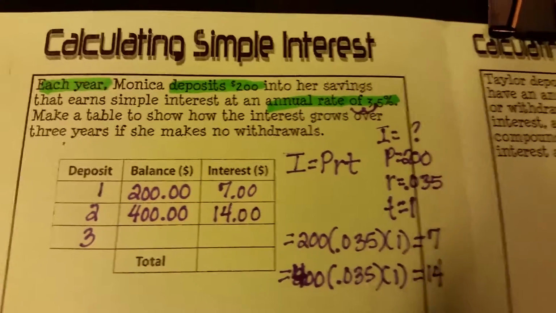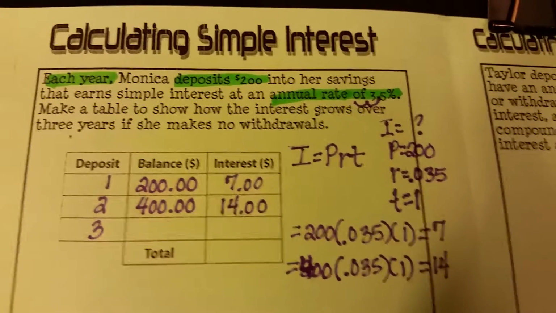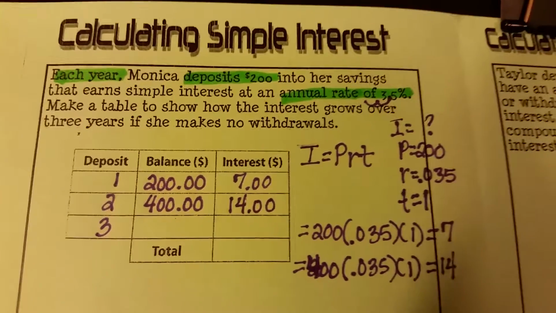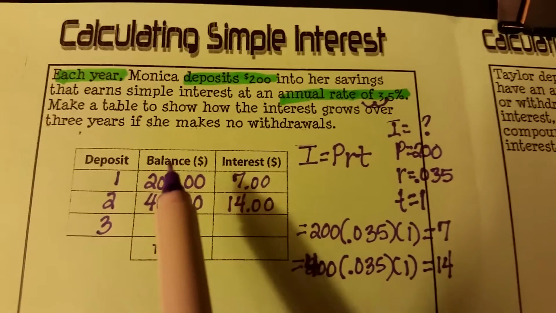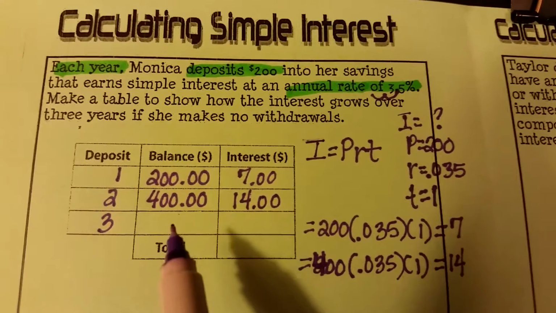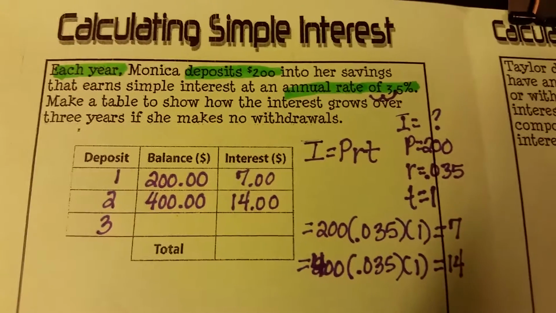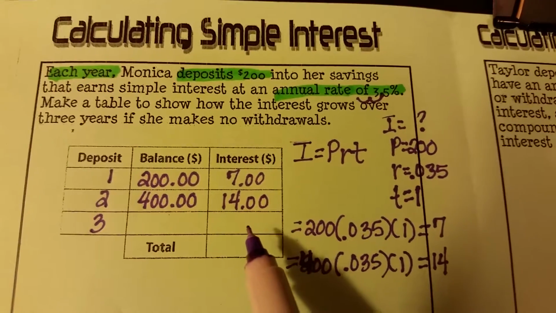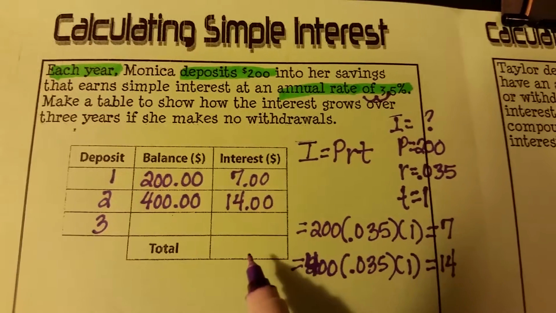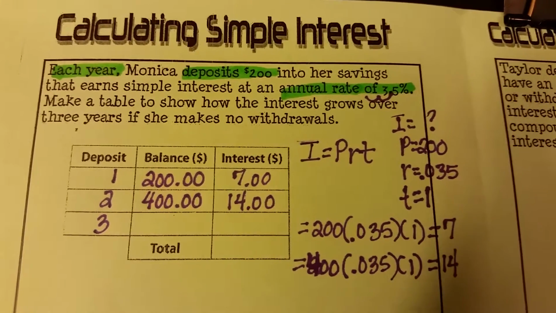Now I want you to take a moment and talk with your partner, and tell me what the balance would be at year 3, how much interest would be accrued, and then give me the total interest over those 3 years.